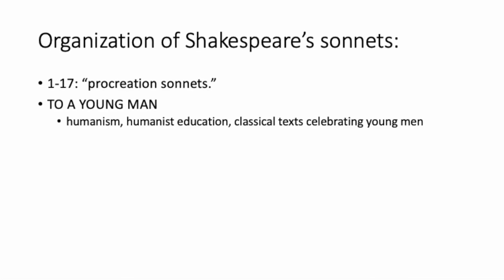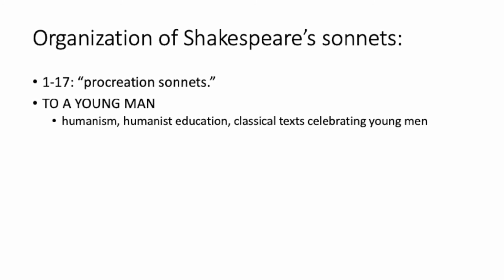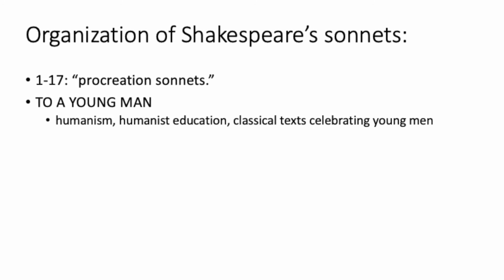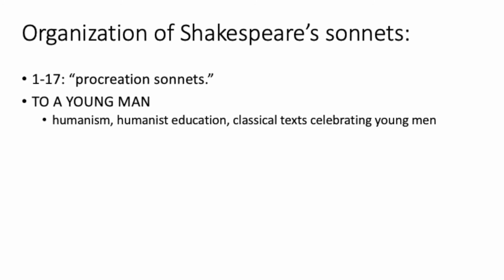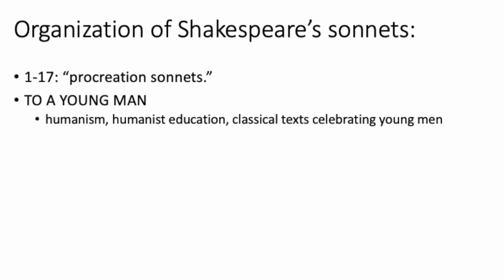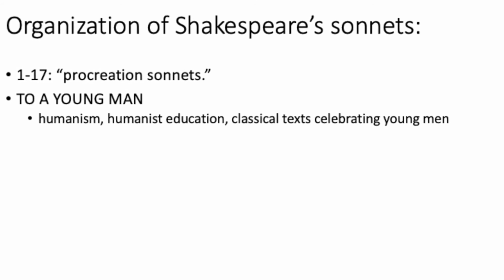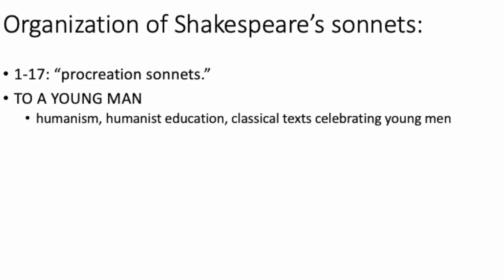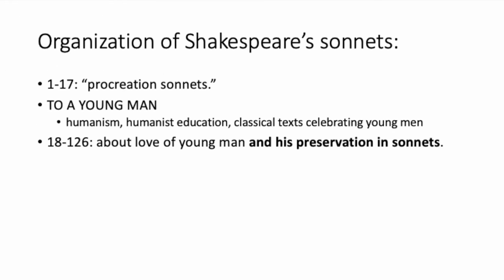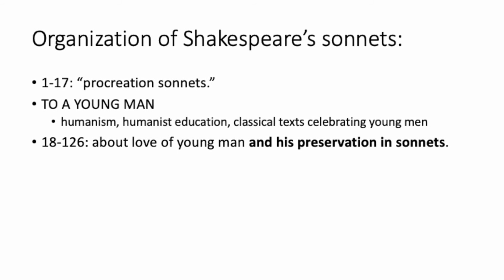Shakespeare is being very much the Renaissance humanist, since classical works often celebrated young men. The message these initial sonnets tend to offer is, young man, marry and replicate your beauty. Make it eternal. In other words, biological reproduction is a key theme. Sonnets 18 to 126 shift from biological to poetic reproduction.